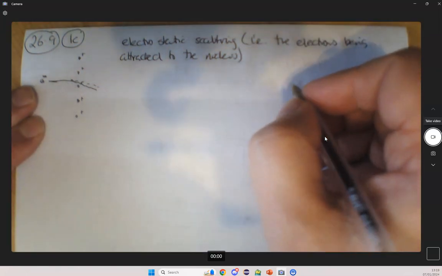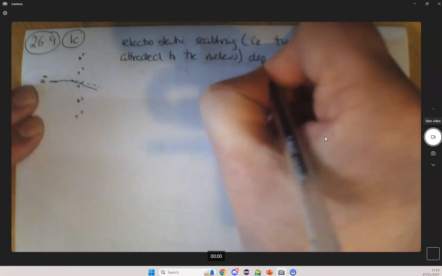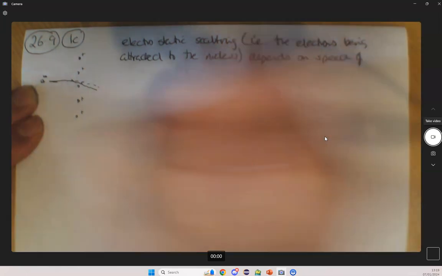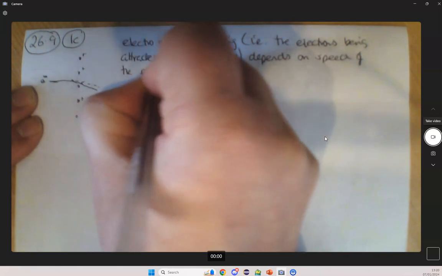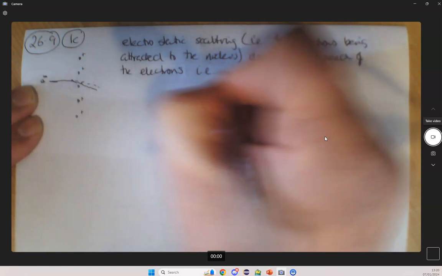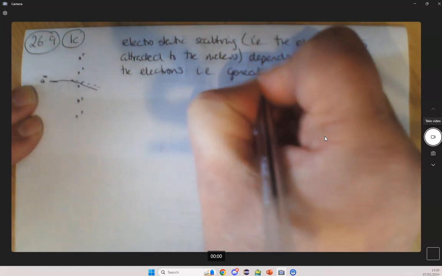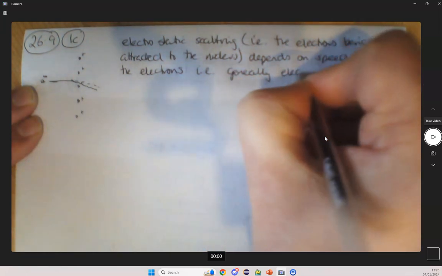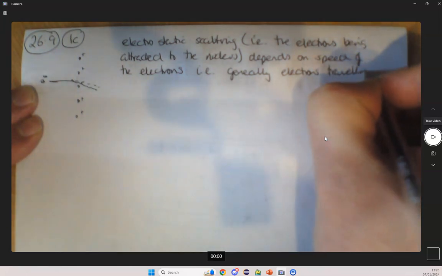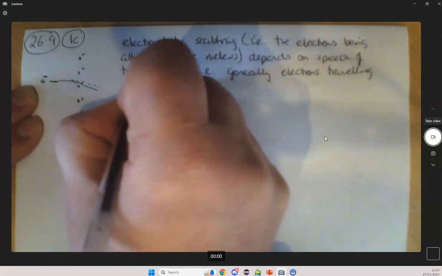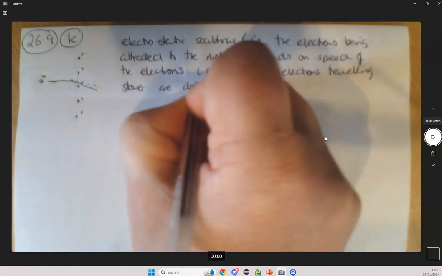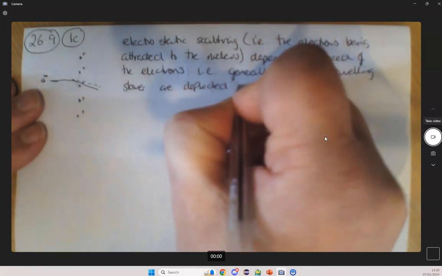And that depends on the speed of the electrons, i.e. generally electrons travelling slower are deflected more.